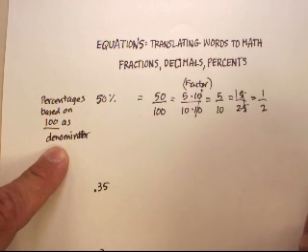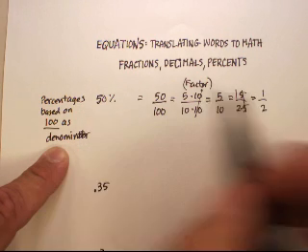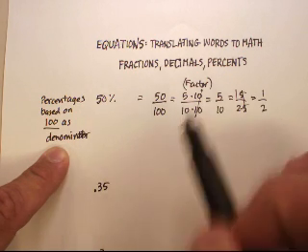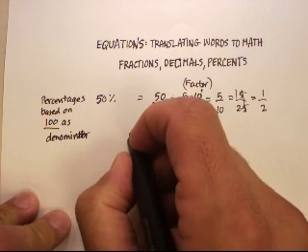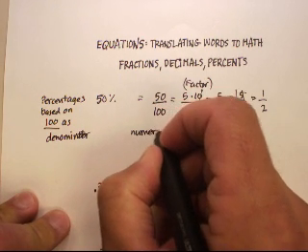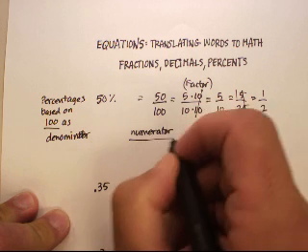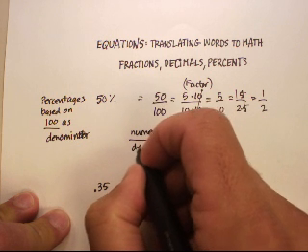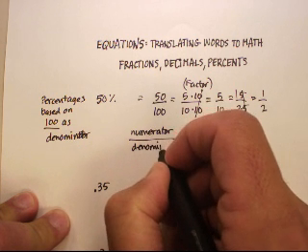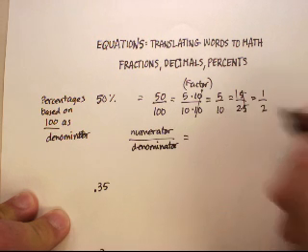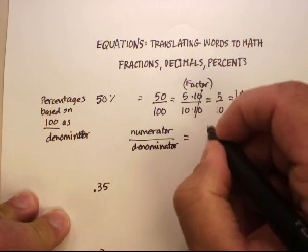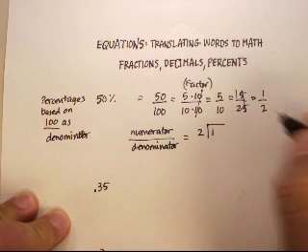So now how do we get from percentages and fractions to decimals? What you do is you take the numerator and divide it by the denominator. So if you put that in your calculator, you'd have 1 divided by 2.